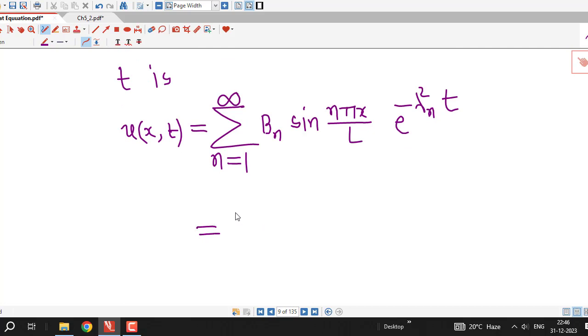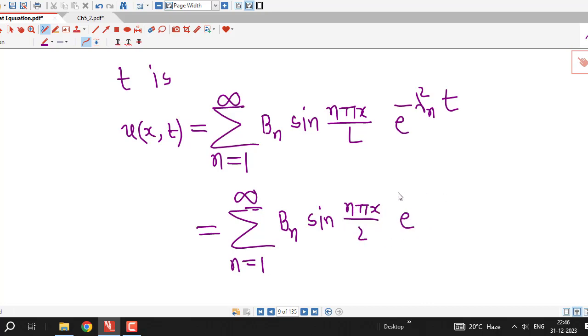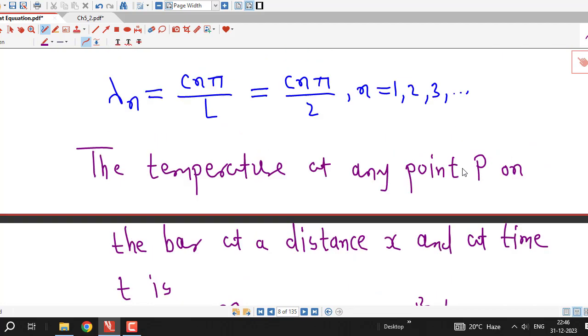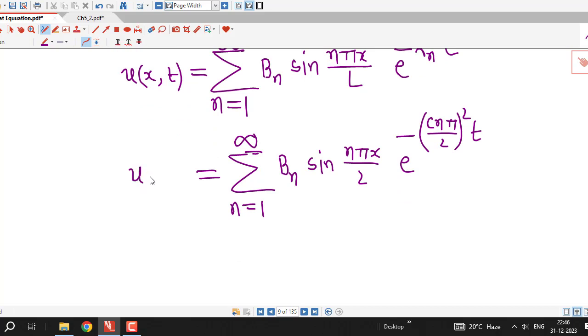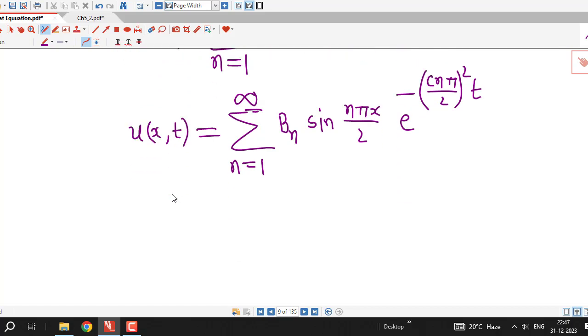This is equal to the sum from n equal to 1 to infinity of Bn sin(nπx/2) e raised to minus λn², where λn is cnπ/2. So here I write (cnπ/2) squared multiplied with t. This is the expression for temperature at any point x, t.